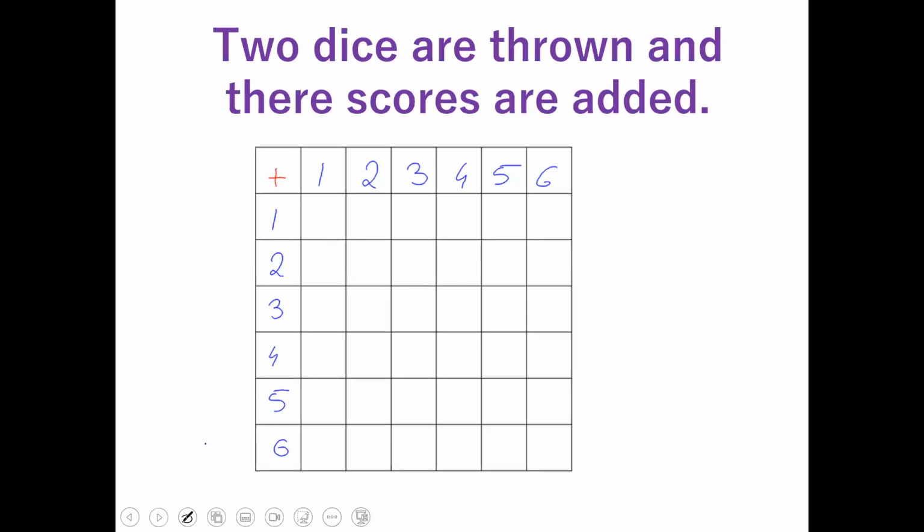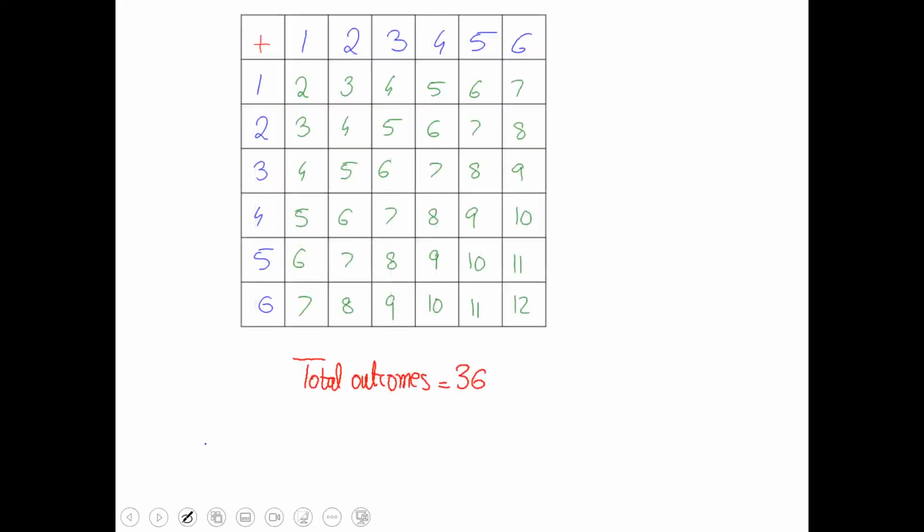A possibility space diagram is actually a table. It's like a table which shows all the possible outcomes in a system when two or more events are occurring together. It's a composite form of two or more tables. So it's showing the combination. So now you have to copy this screen.